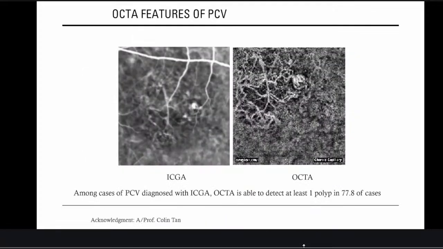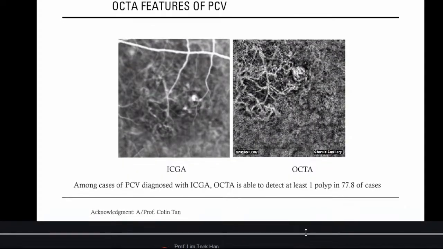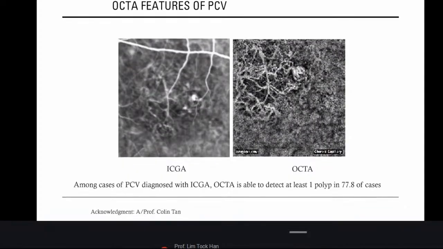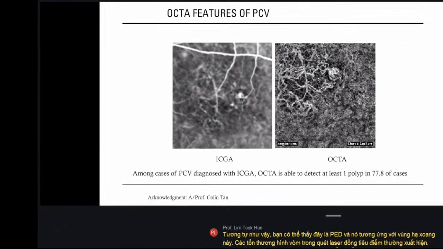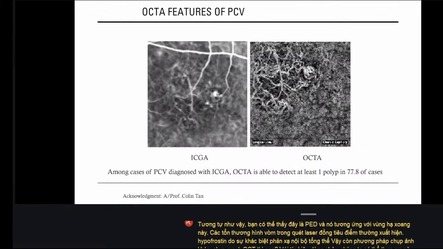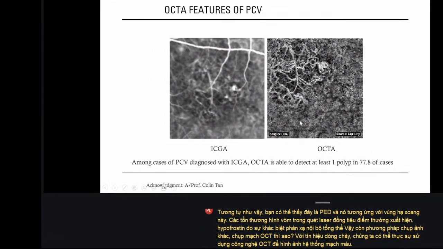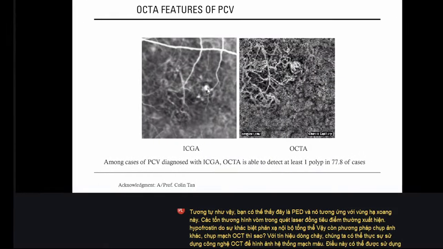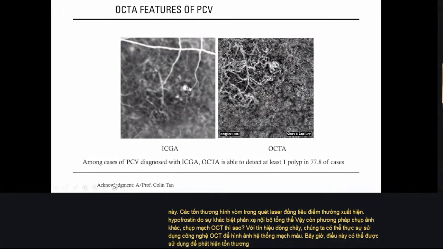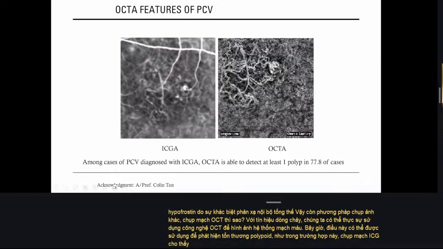Now, what about another mode of imaging, OCT angiography? With flow signal, we can actually use OCT technology to image the vasculature. This can be used to detect polypoidal lesions, as in this case, where the ICG angiogram shows a polypoidal lesion and the OCT angiogram shows the corresponding lesion.